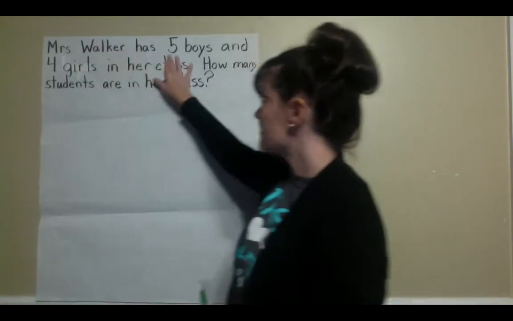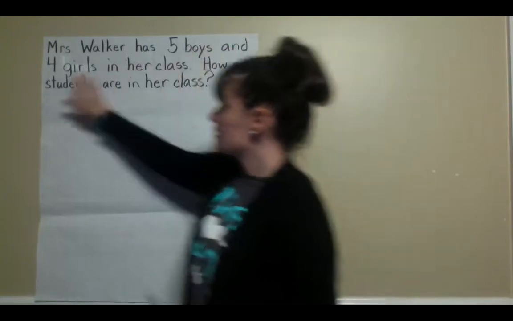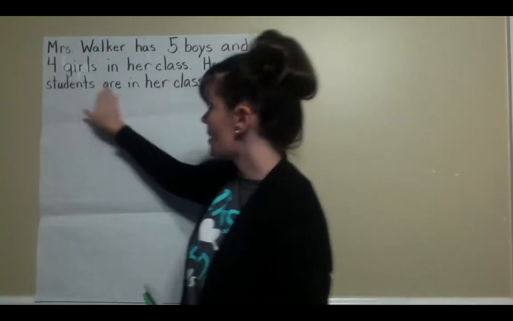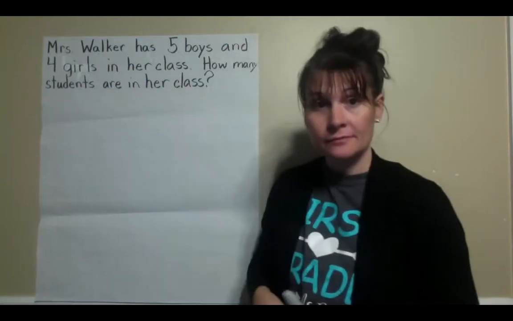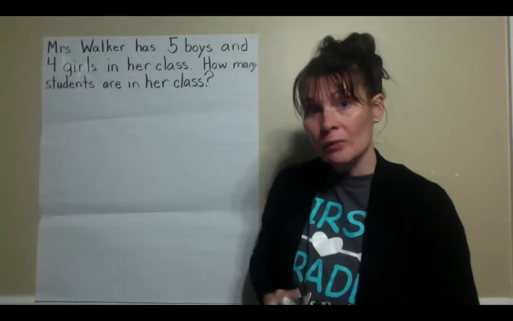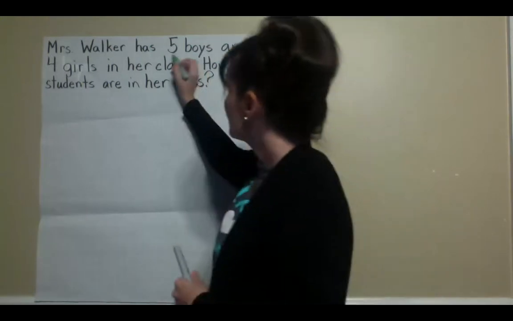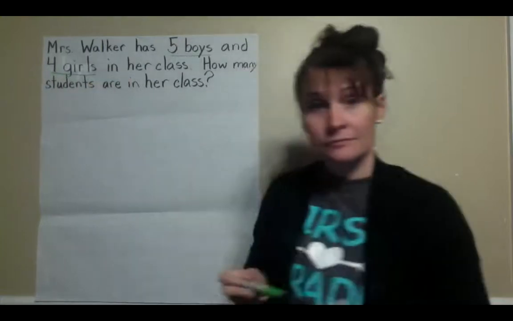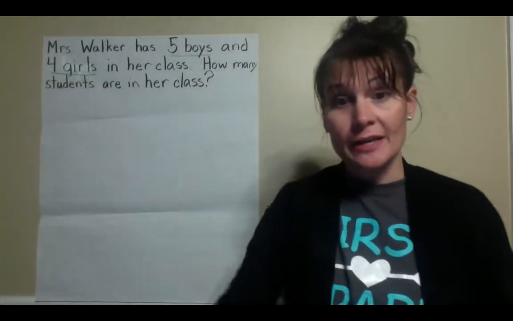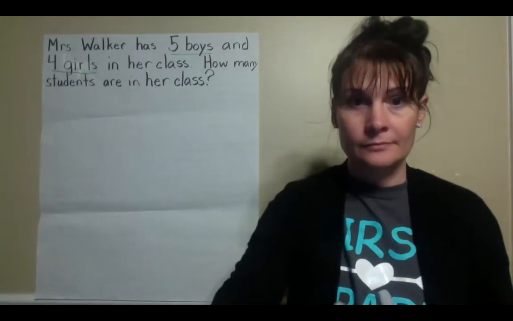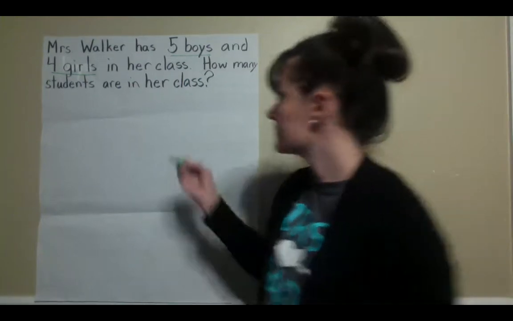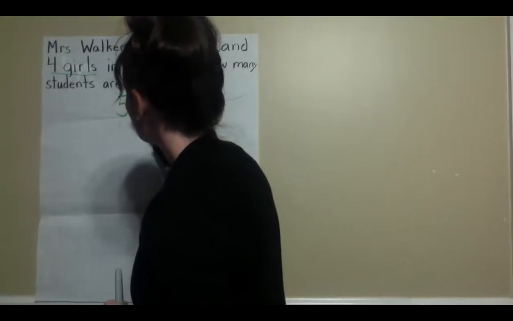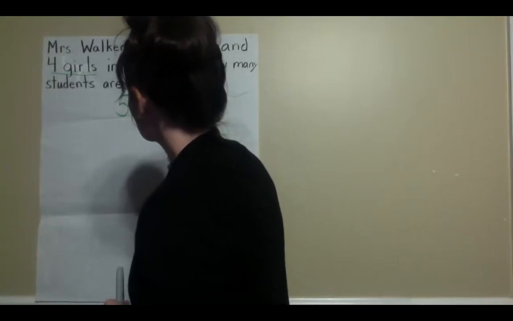Miss Walker has 5 boys and 4 girls in her class. How many students are in her class? What equation would I write if I know that there's 5 boys and 4 girls? Write the equation on your paper and hit play when you're ready. Great job, guys. Our equation was 5 plus 4.